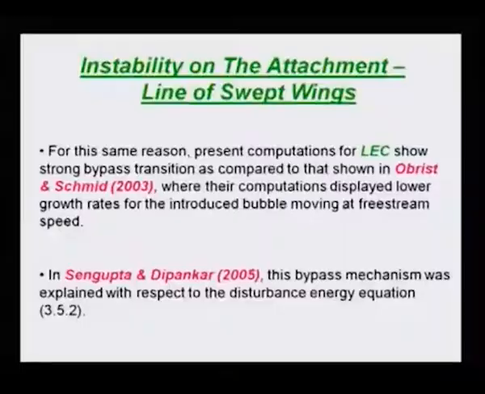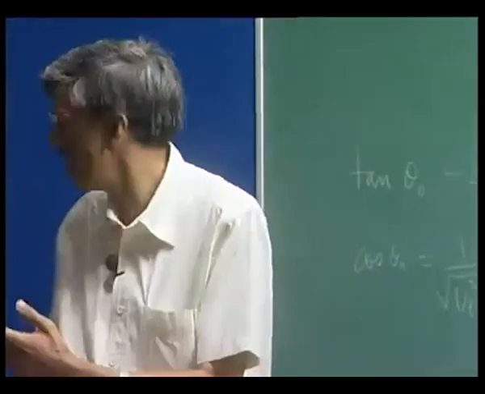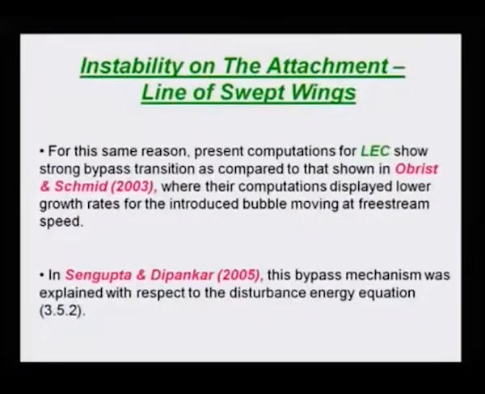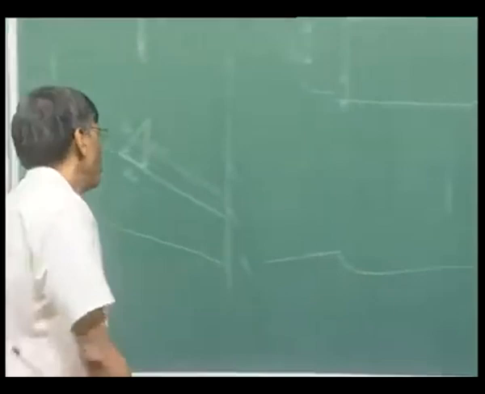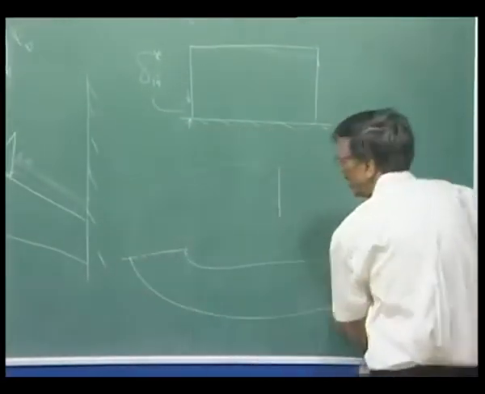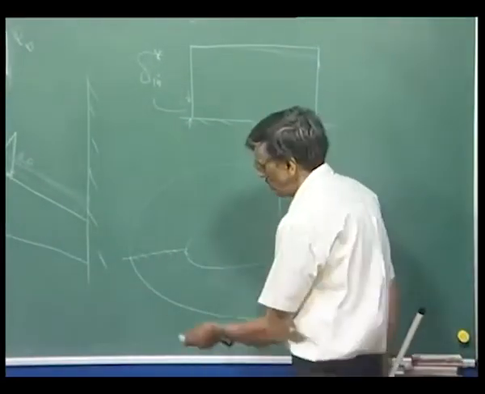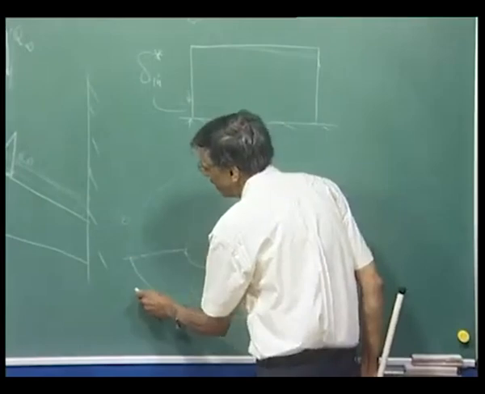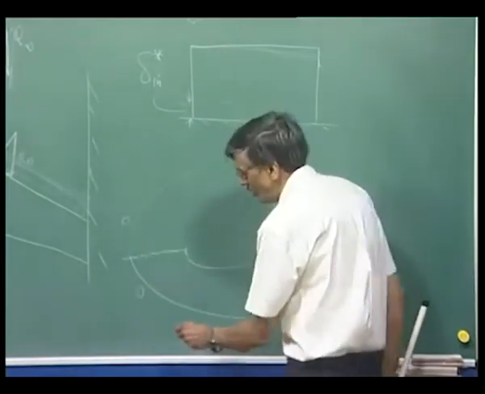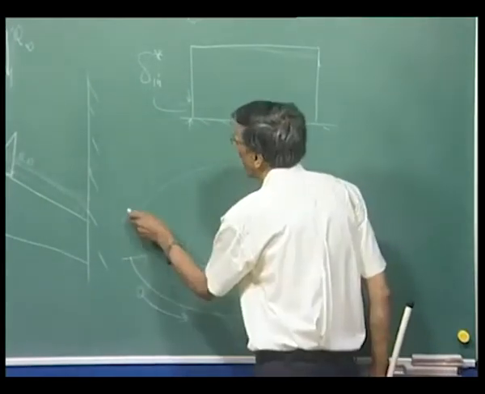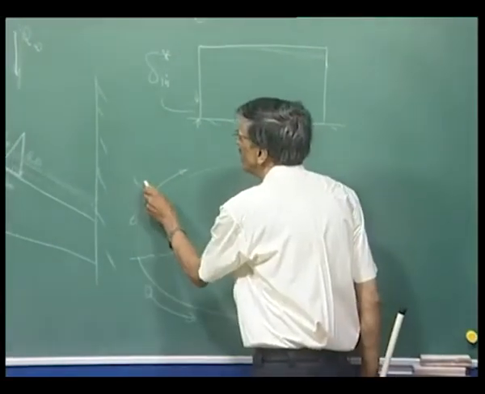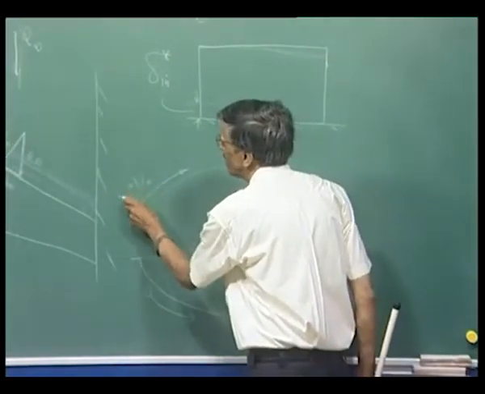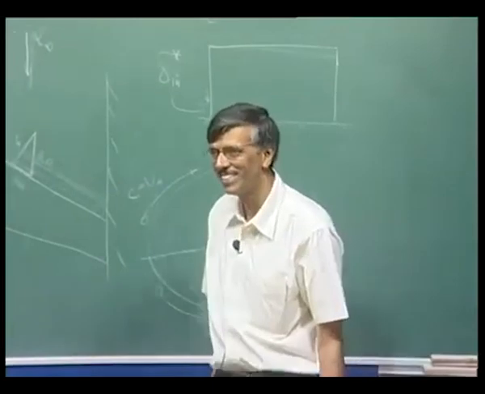So Schmidt was involved in studying bypass transition, so he asked his graduate student to look at it. What he did was basically this: you have this flow like this, and then created two vortices, one going in this direction, another going in this direction, and both of them were set equal to C equal to infinity.